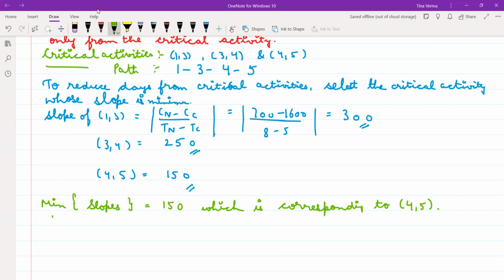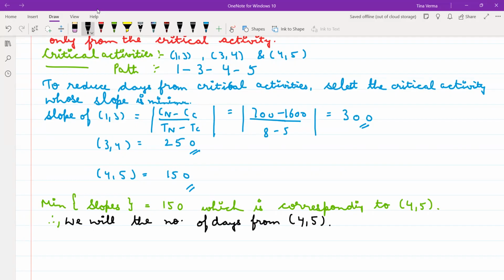Therefore, we will reduce the number of days. We will reduce the number of days from activity 4 to 5.